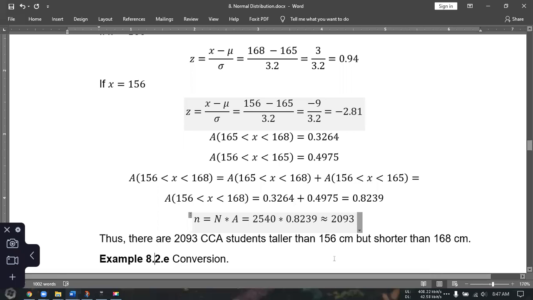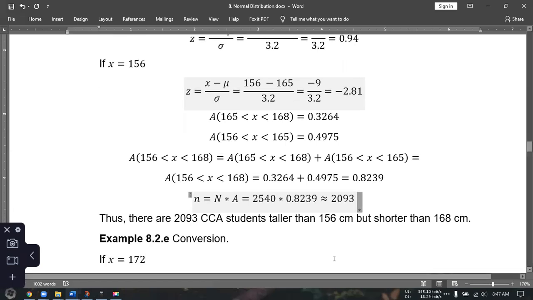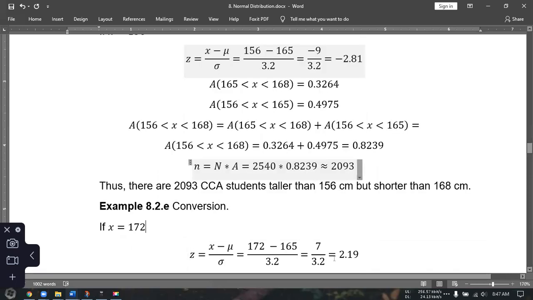And letter E. Last example. Letter E. 172 and 166.